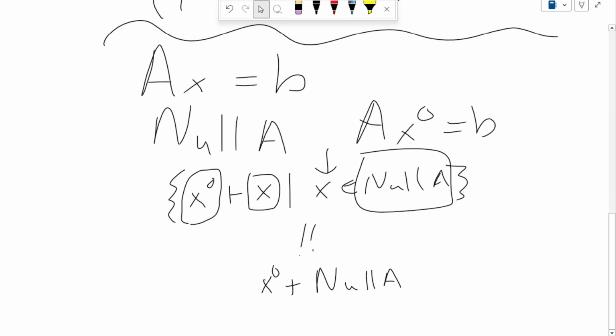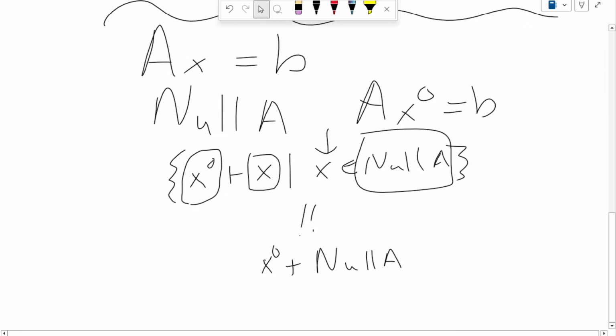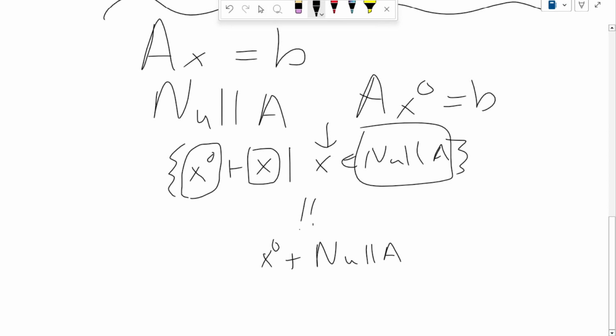If I know the null space of a matrix, and I know any solution to the problem, then I can basically get the set of all solutions to that problem by shifting the null space by some value x naught. Are there any questions?